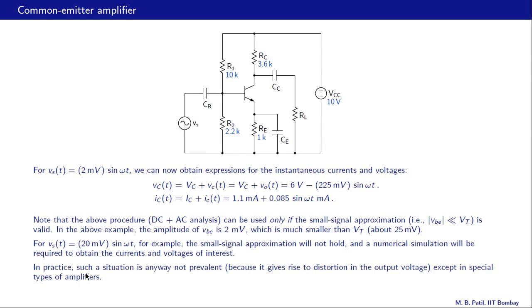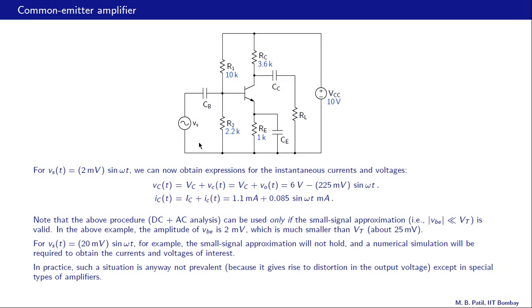In practice, such a situation with large VBE compared to VT is anyway not very common, because, as we have seen earlier, that will give distortion in the output voltage.